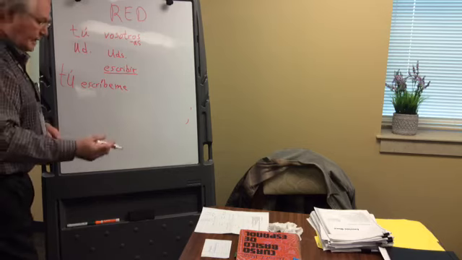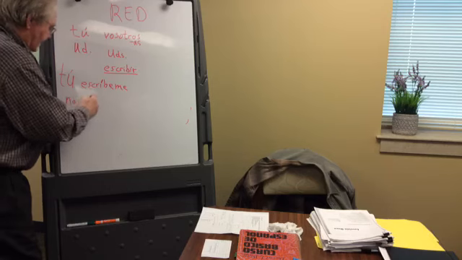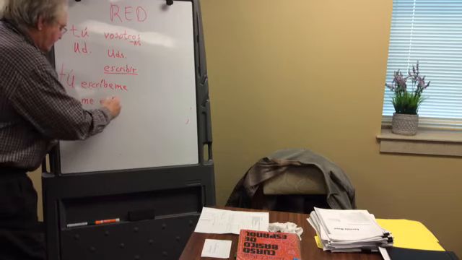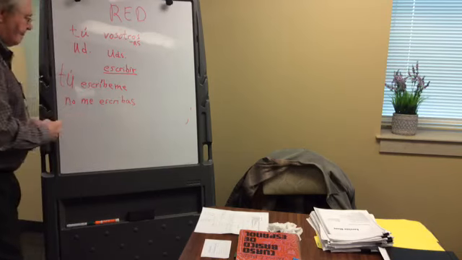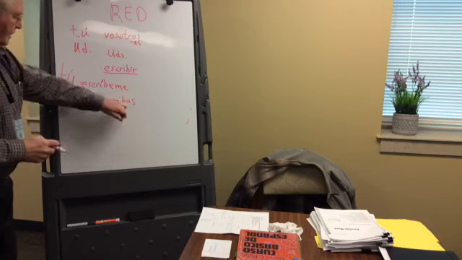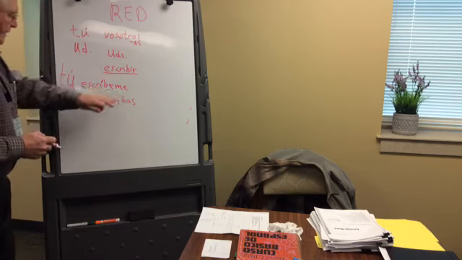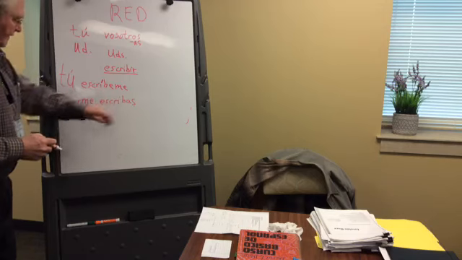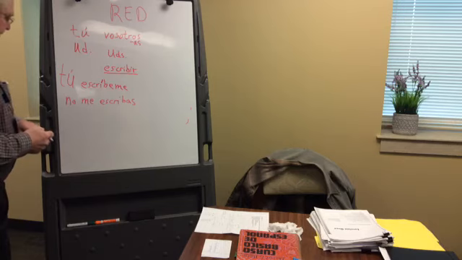Similarly, if we make it a negative, no me escribas. Here we've gone to the subjunctive form. With tú, we're going to use the native vowel. With the negative and the usted, we're going to use the other vowel.